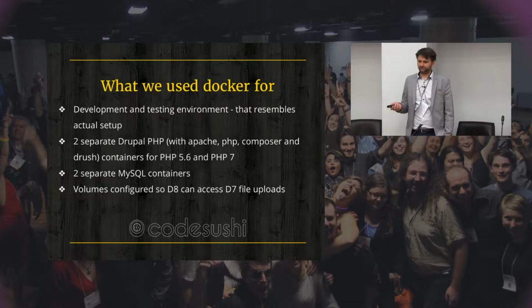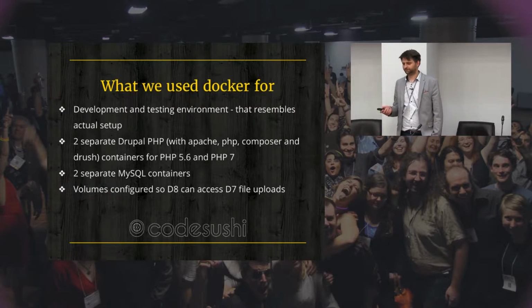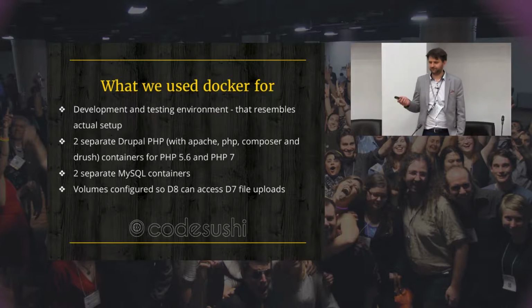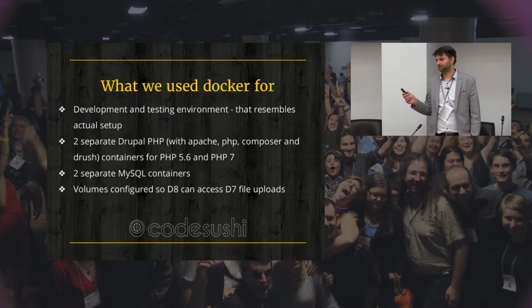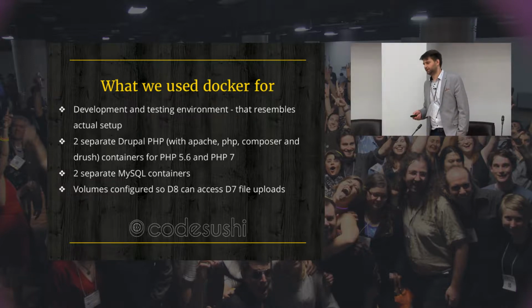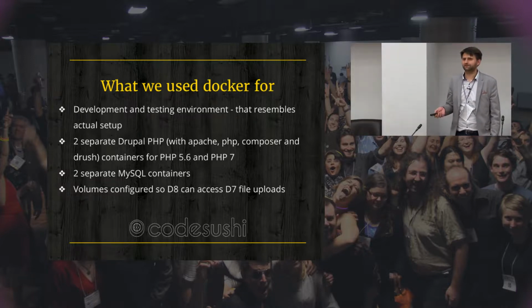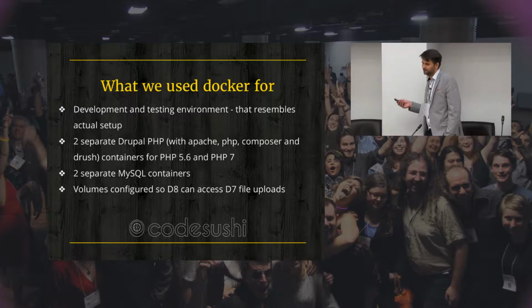We have two separate Drupal containers with Apache, PHP, Composer, and two separate versions of PHP. So we can use PHP 7 for Drupal 8 and PHP 5.6 for Drupal 7.